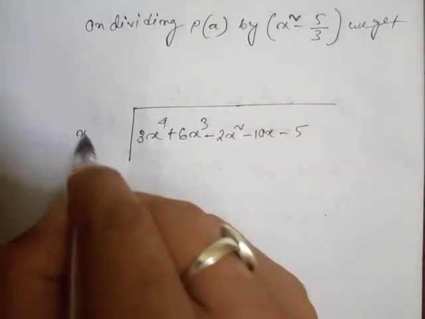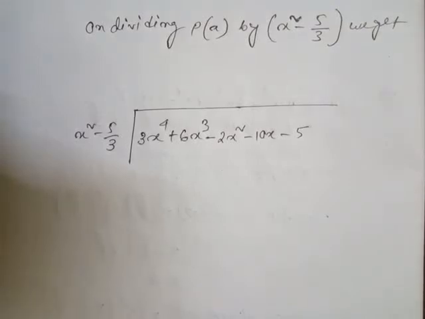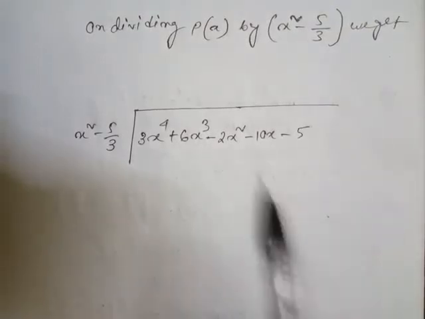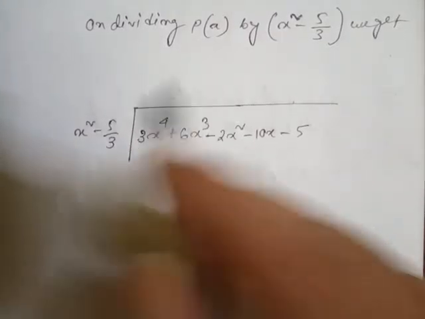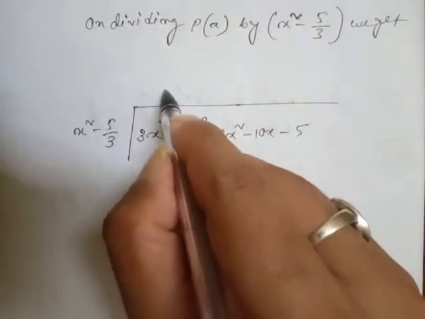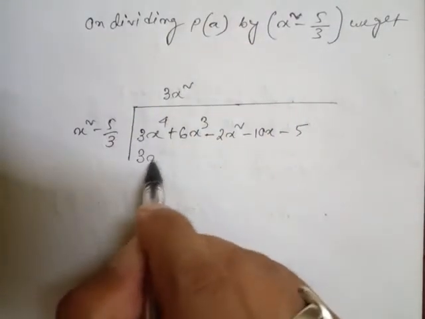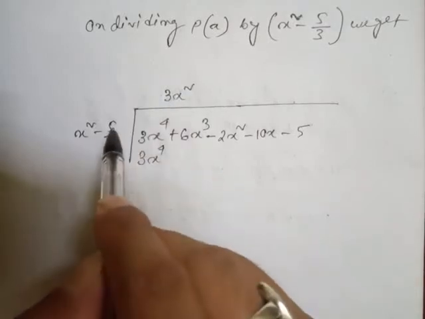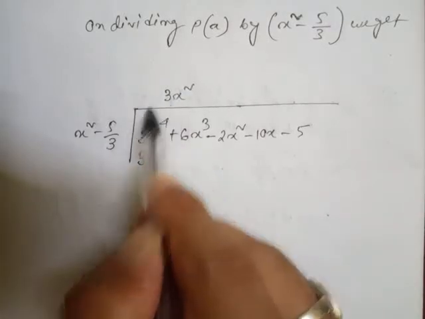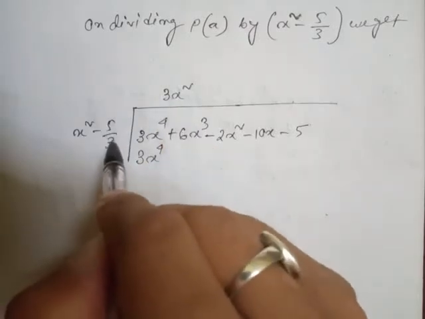So we'll write that x square minus 5 by 3. Now we'll go for the long division here. So if I go for the long division here, then there is 3x to the power 4, there is only x squared. So if I write down here only 3x squared, 3x squared into x squared means 3x to the power 4. Now look, 3x squared into 5 by 3. So 5 by 3 means 3 cancel, 3x square into 5 by 3, which means 3 and 3 cancel.